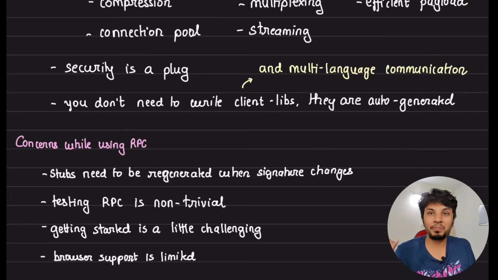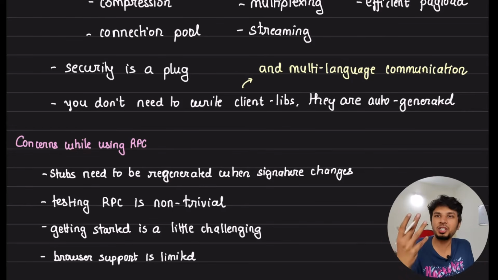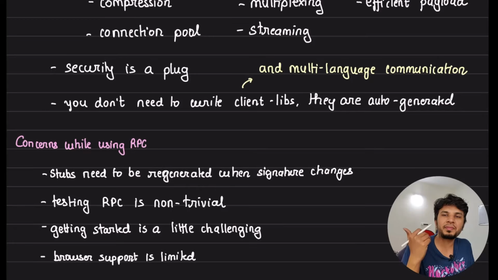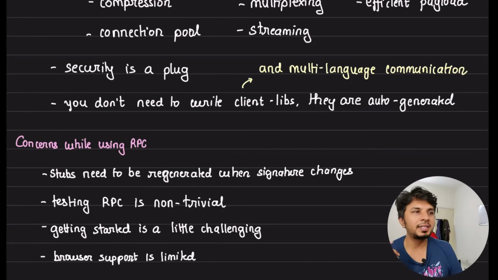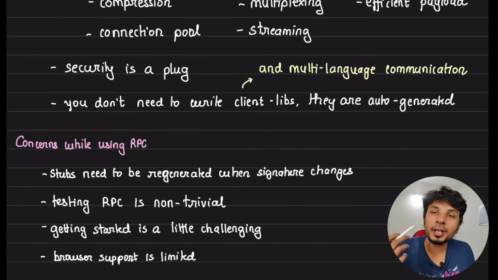Another big advantage, which is why you would see most companies that expose APIs, good companies, expose them in RPC format. They expose HTTP endpoints, but behind the scenes they have RPCs. So you don't need to write client libraries.